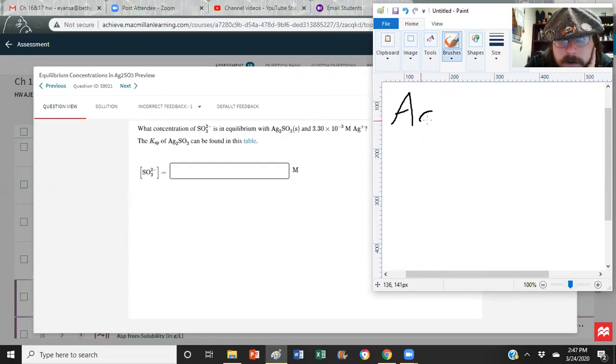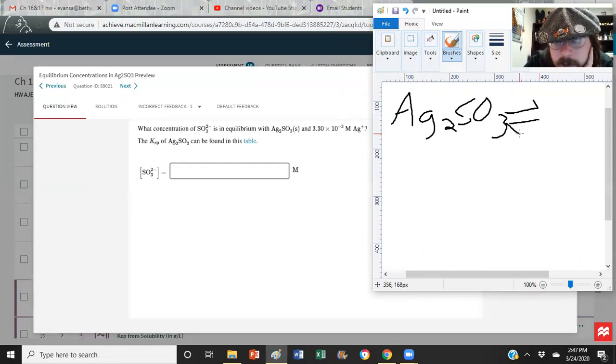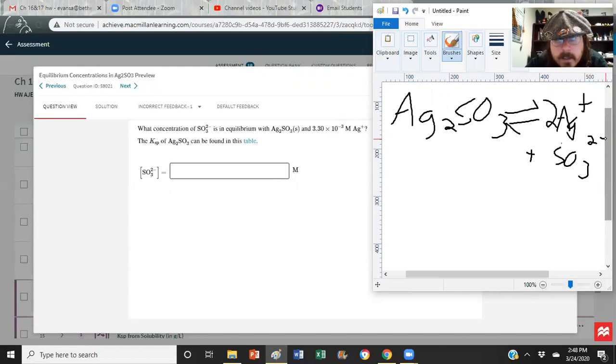We have silver sulfite, which breaks down reversibly to 2 silver positive and 1 sulfite 2 minus. Now, because silver sulfite is a solid, it is not included in the K expression.